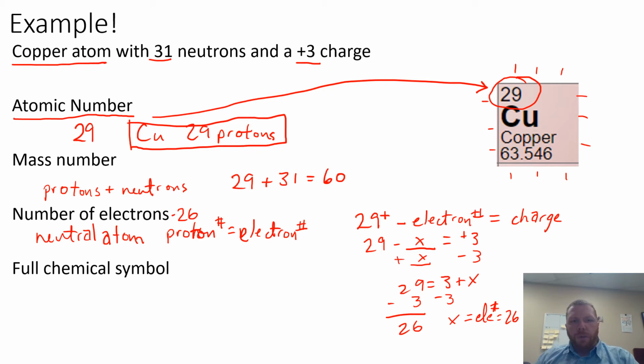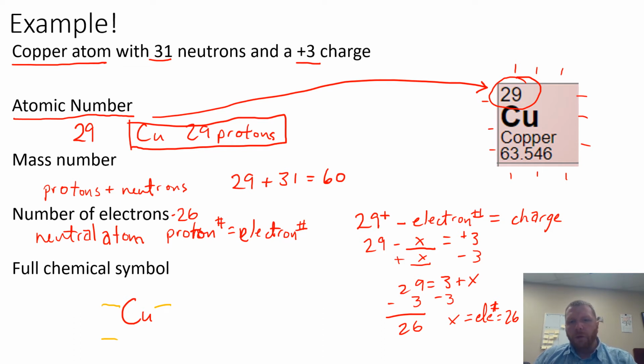Now, this full chemical symbol, the last prompt that we're provided with, is asking us to basically reconstitute all of this and present all this information in a similar way. The first thing that you need to worry about is your symbol itself, which is Cu, the letters. What you'll do after this is fill in the blanks on what's around this symbol: upper left-hand corner, upper right-hand corner, and your lower left-hand corner.